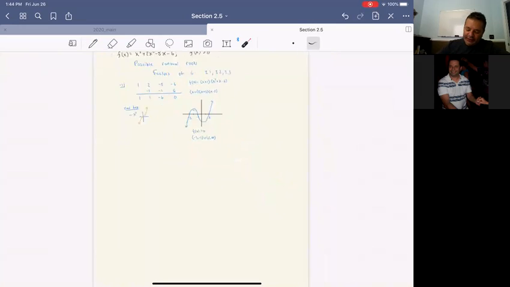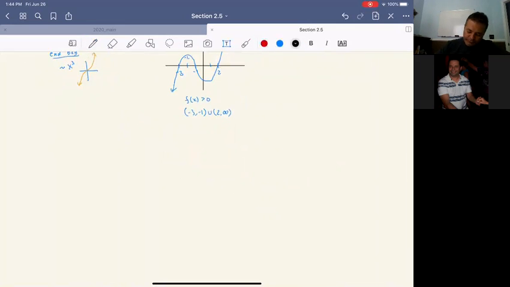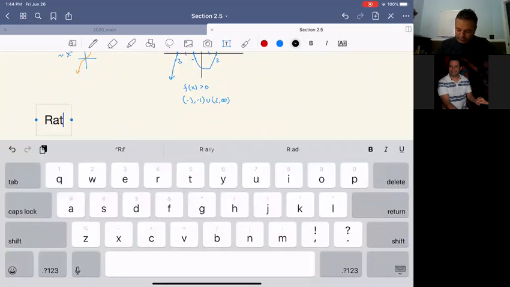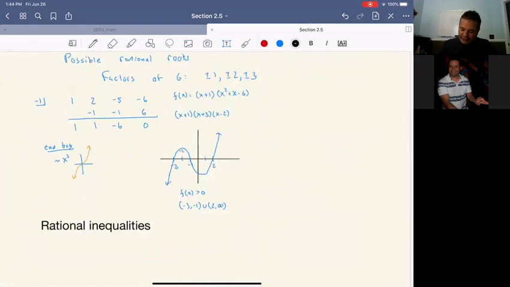Okay, let's go ahead and do one with a rational expression. Let's do a rational inequality.